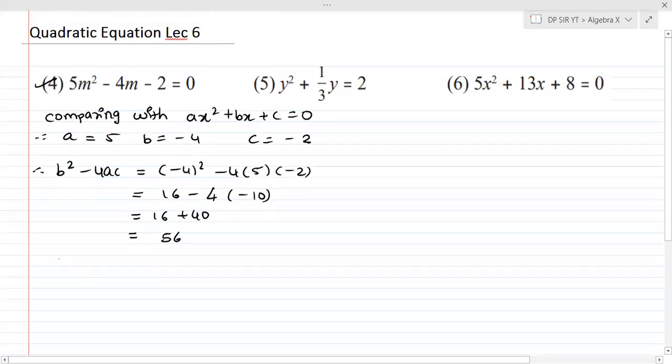Now you can substitute using the formula method. Here, mind you, the variable is m and not x.